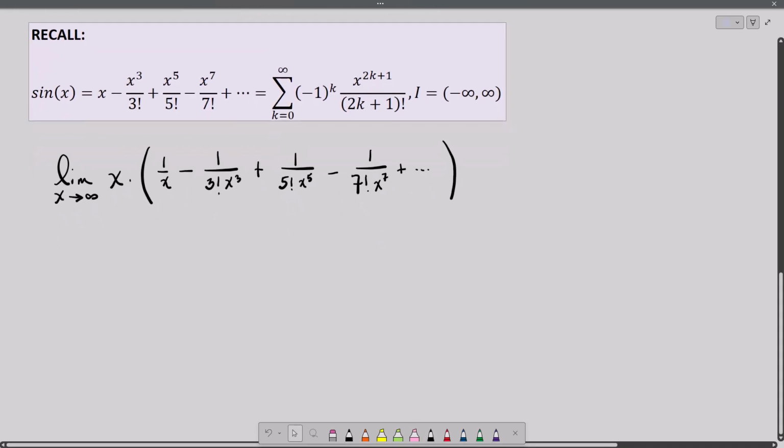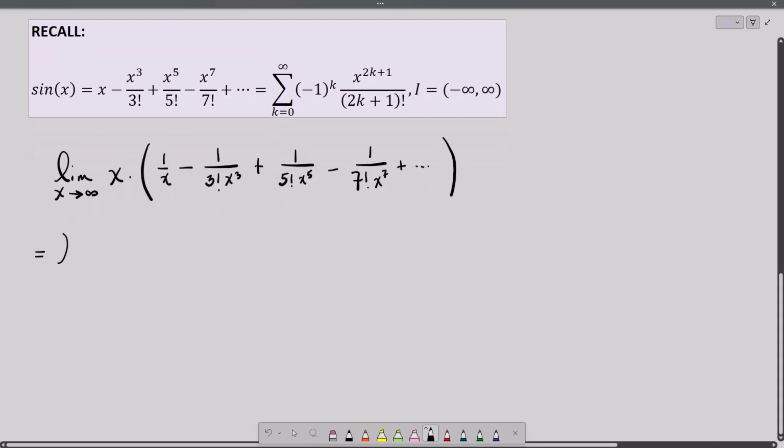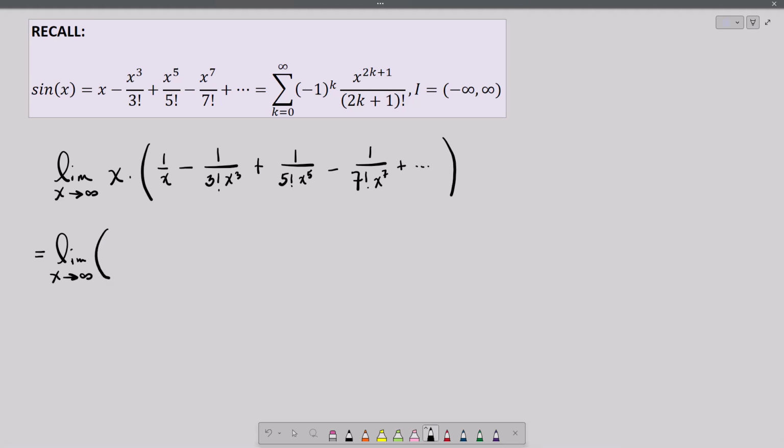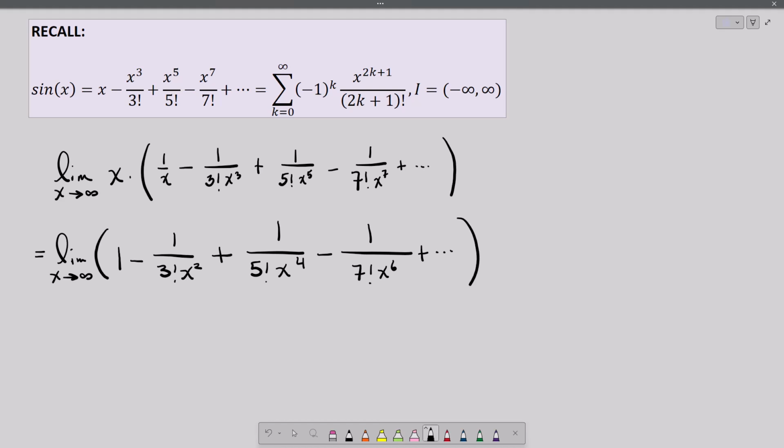Now we distribute this x that's out in front. X multiplied by 1 over x is 1. Then we just sort of go through, and we're going to be canceling a single x from each of these denominators. So we're going to end up with that expression.